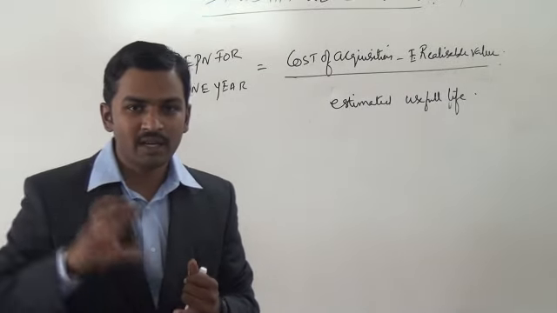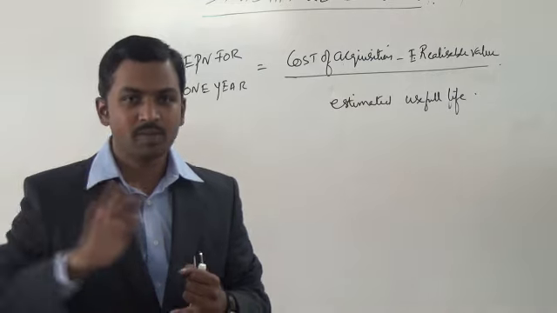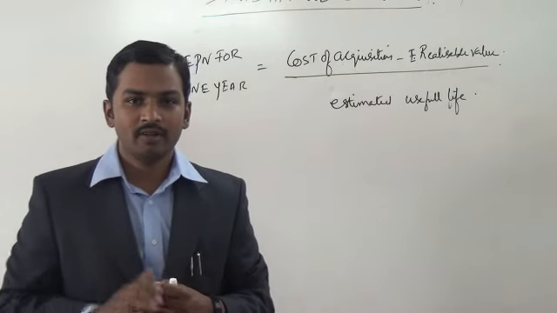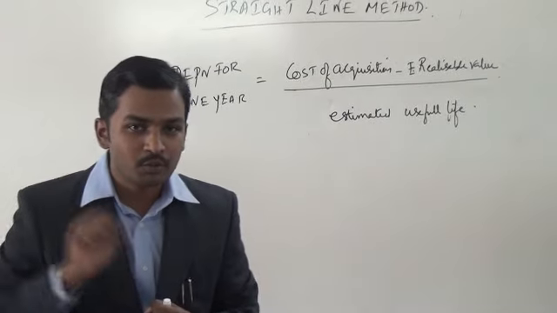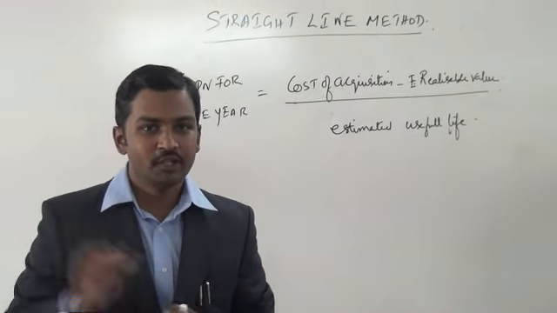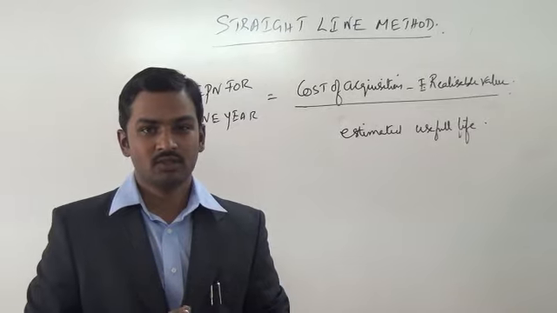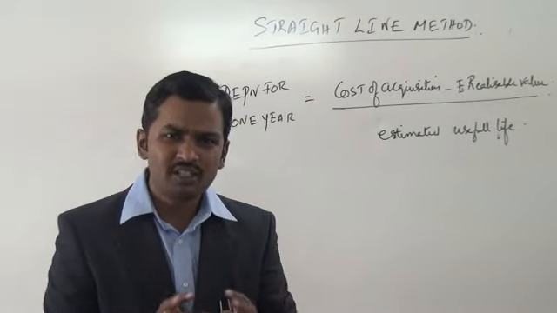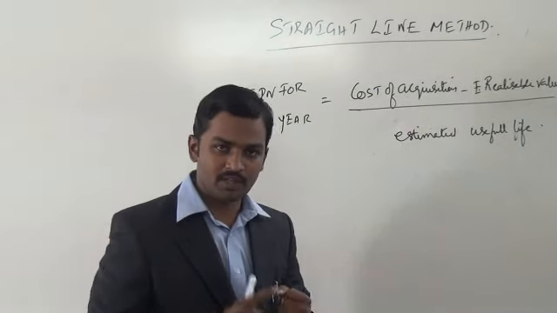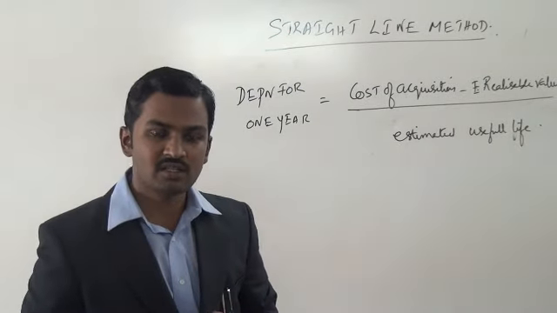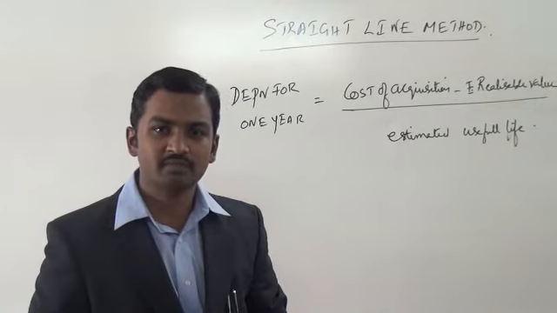We are going to pay the supplier the purchase price of the machinery. We have to incur some costs on packing, transportation, freight, insurance. So we have to include all these costs in the cost of acquisition. Purchase price, packing expenses, freight, transportation.